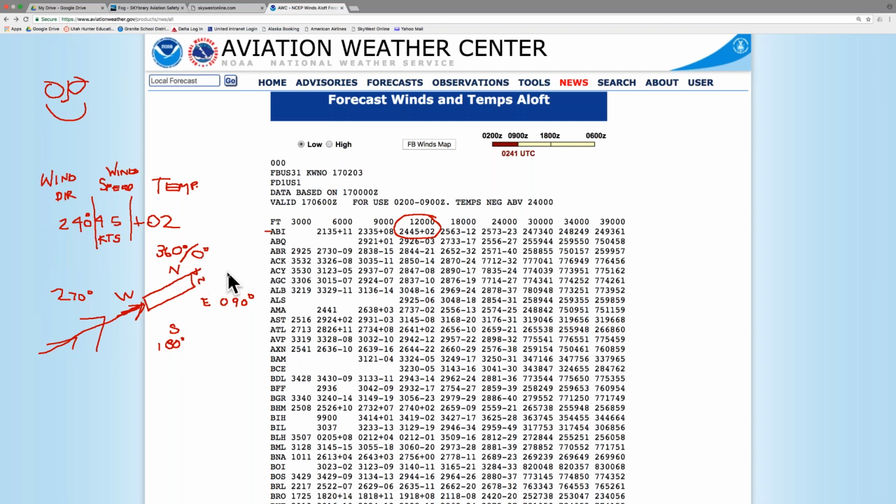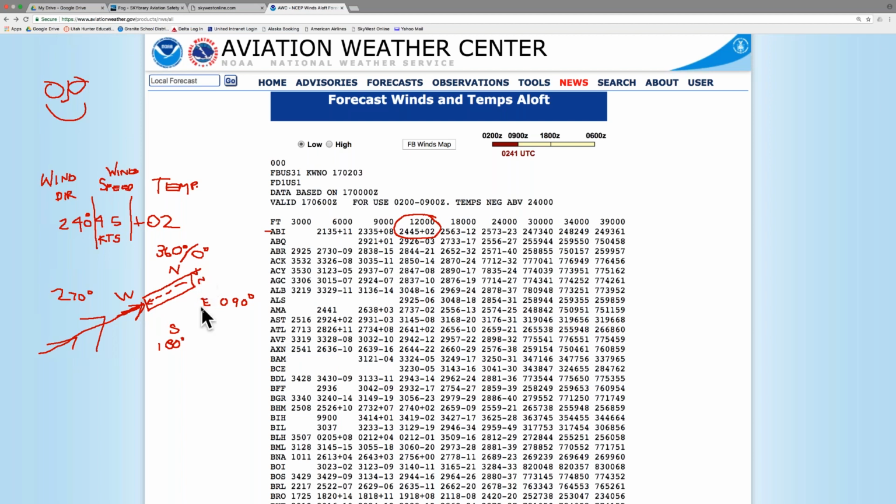The reason why is because we always land into the wind. We always want that headwind when we're landing. What the headwind does for us is it helps increase the lift, increase the speed of the air over the wing. So when we see a runway heading, that means that we're heading into the wind.